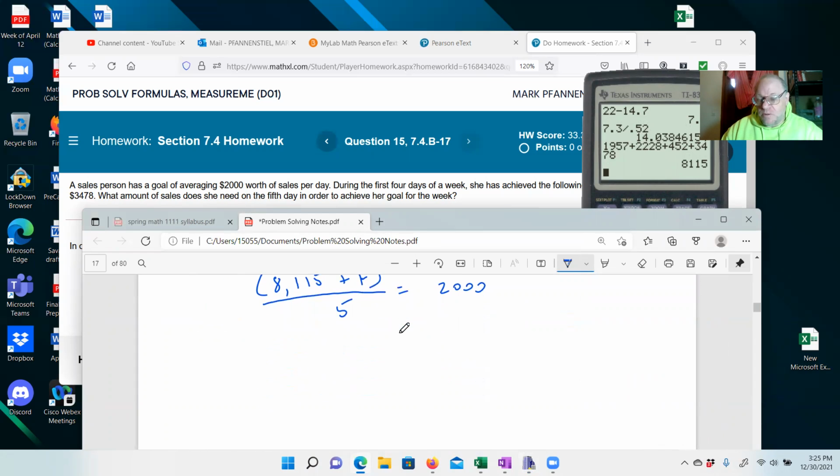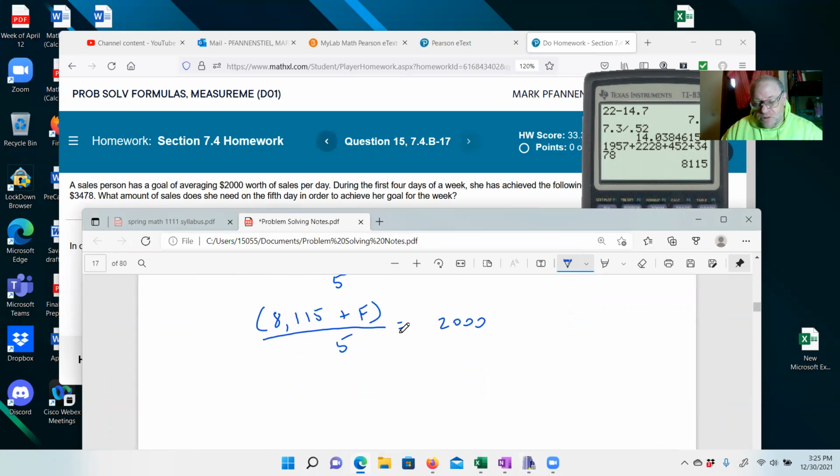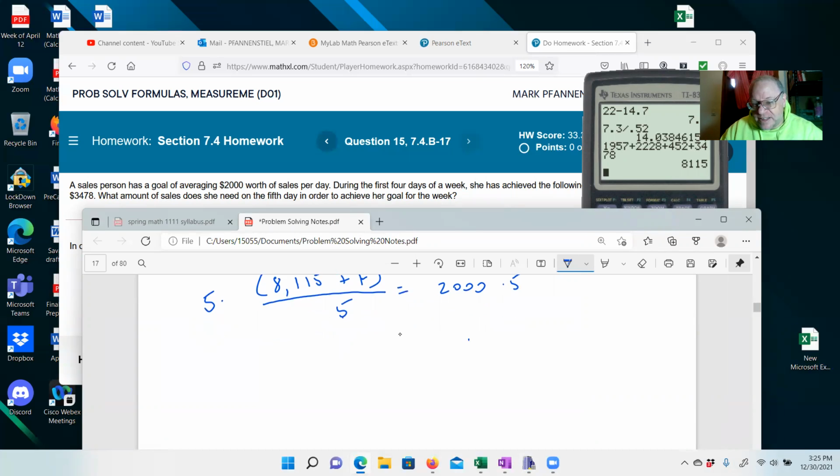Now what we're going to do is a reverse PEMDAS. We don't have arithmetic outside the parentheses, so we're just going to move on to multiplication and division. So we're going to have 5 times $2,000, that's $10,000. This is equal to 8,115 plus F. We're going to subtract 8115 from both sides.